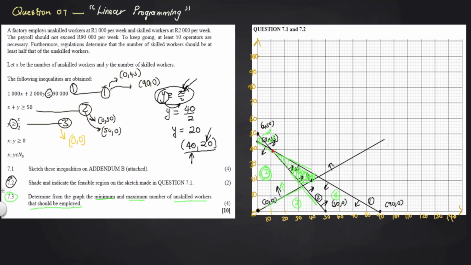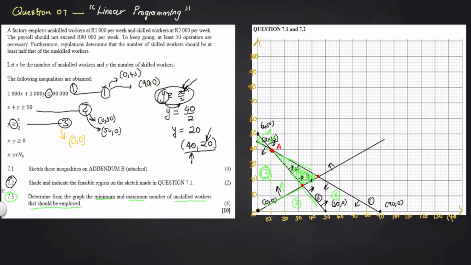You go to the feasible region you plotted. On the feasible region, you need the coordinates of all the corner points.